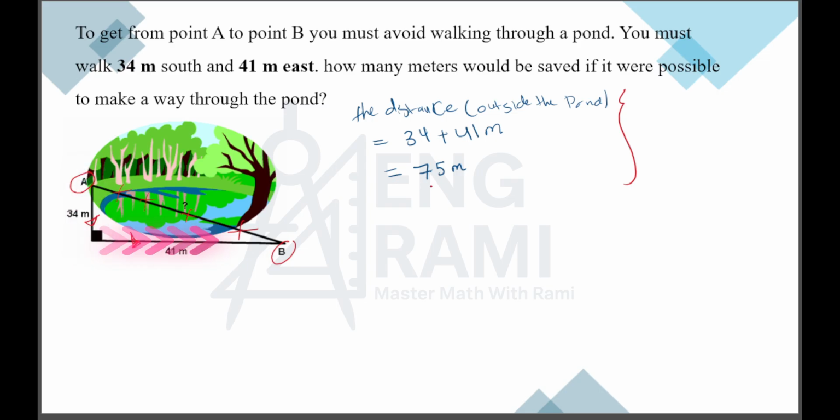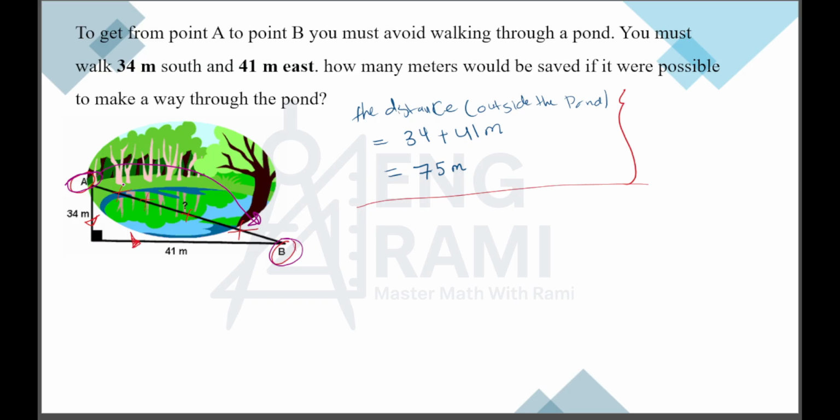So this is the distance you will walk since it is not allowed to pass through the pond. The other way, if it's allowed to pass through the pond, how many meters would be saved if it were possible to make a way through the pond? If you just move from point A to point B through the pond, how many meters would be saved?